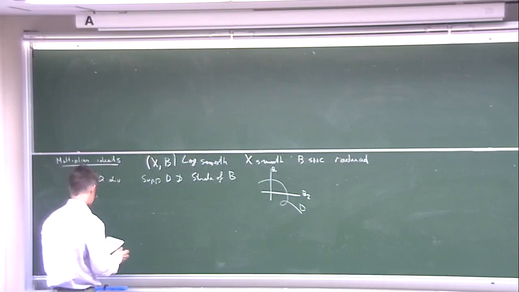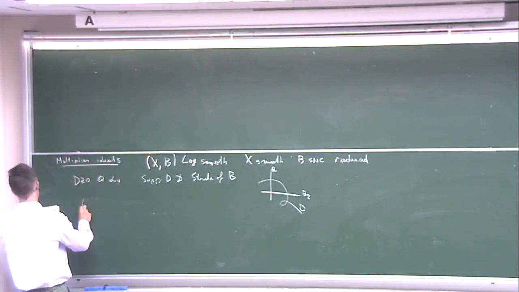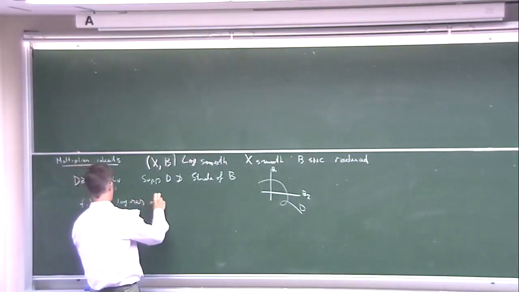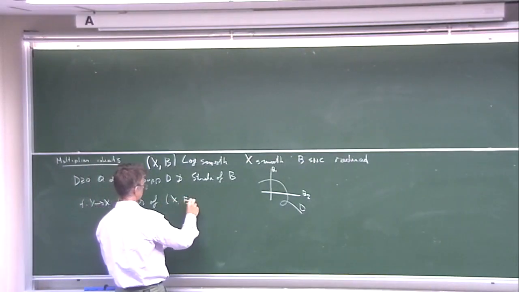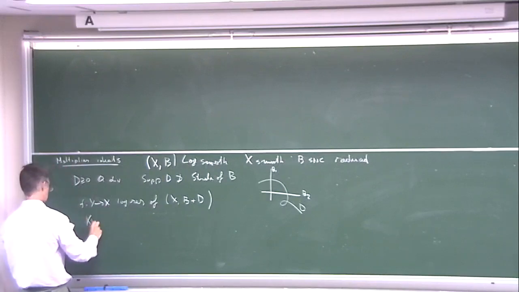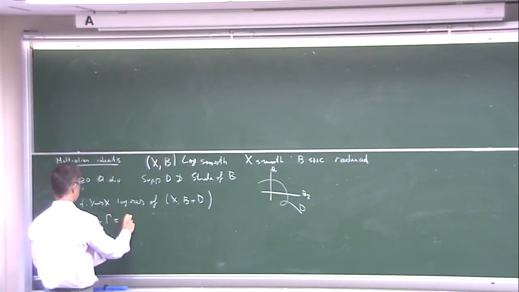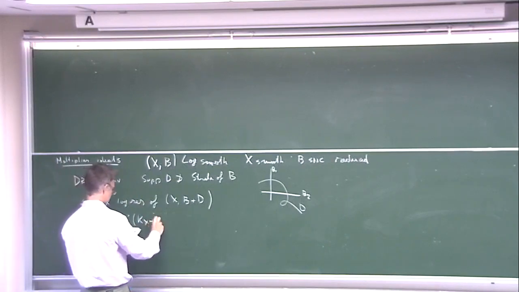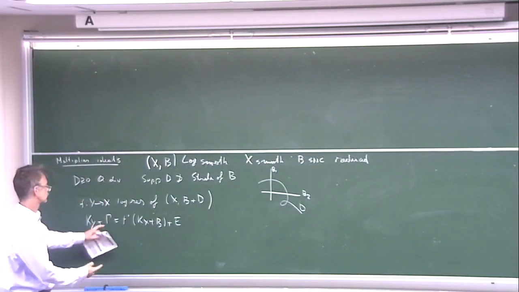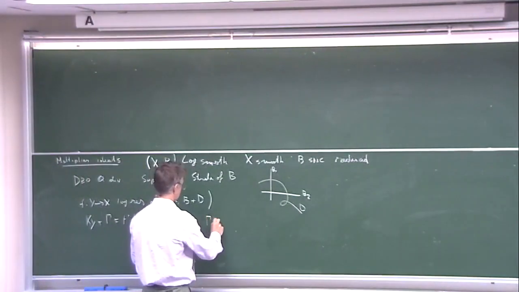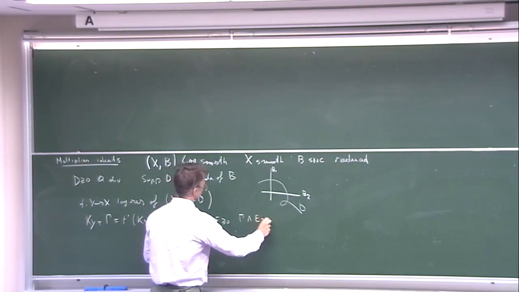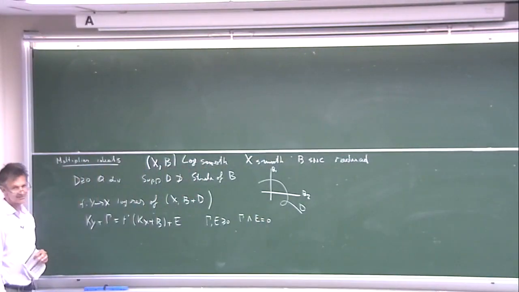So I'm trying to define a certain kind of multiplier ideal sheaf. Let me consider f from Y to X, a log resolution of X and B plus D. I guess the important part is D there. Then I'm going to write that K_Y plus gamma is the pullback of K_X plus B plus E. I make the usual convention that gamma and E are effective with no common component, and now that I introduced the notation, I can just write that as gamma wedge E is 0.